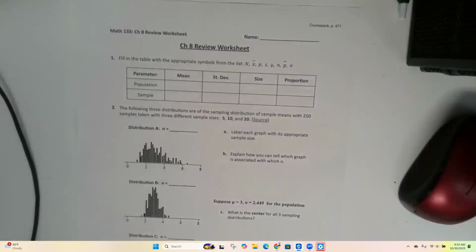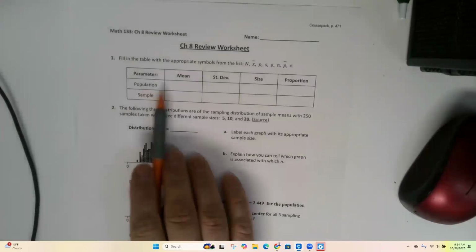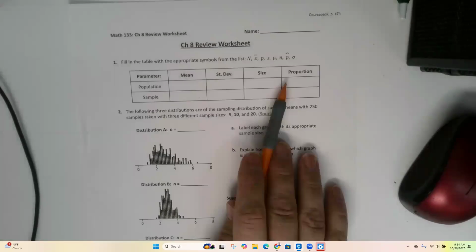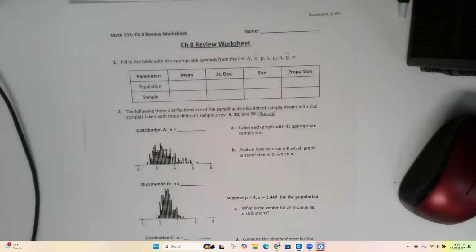So if you have a population, you can measure the mean and the standard deviation, or possibly you might be looking at a proportion of something, like what percent of people have their driver's license or whatever. So that's a proportion.